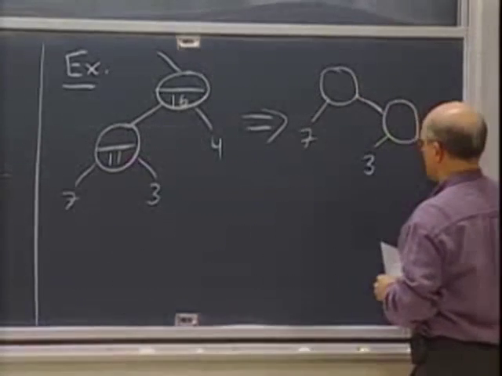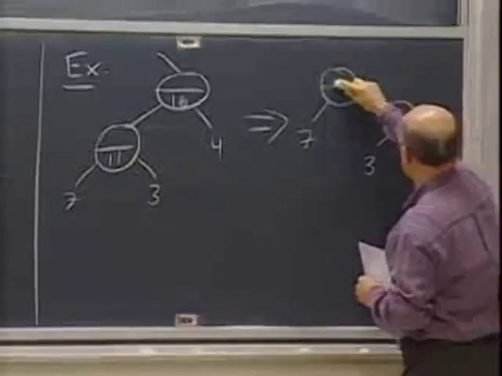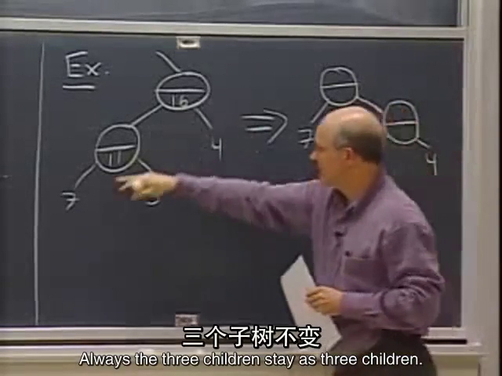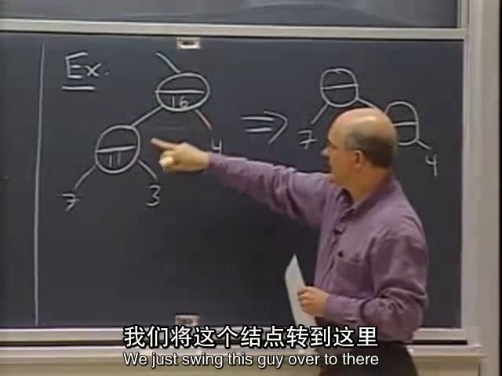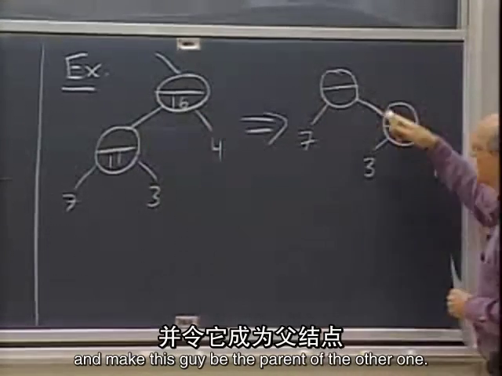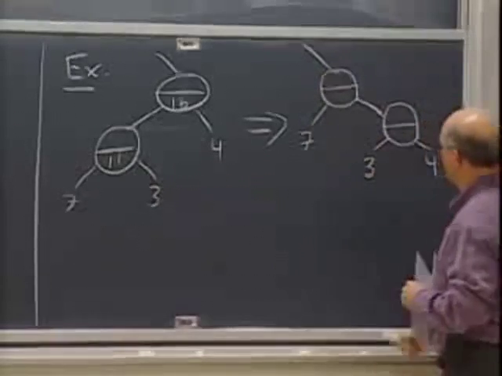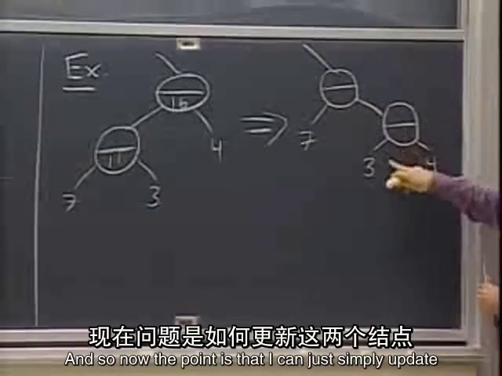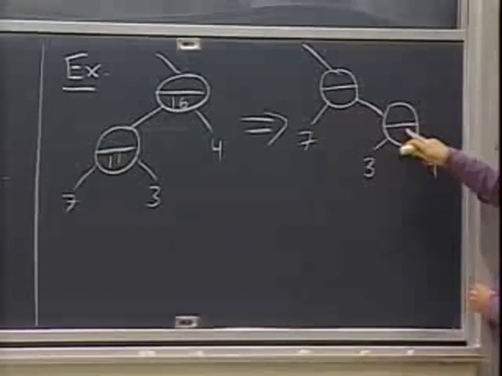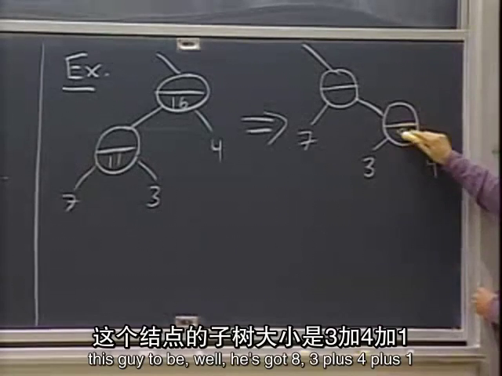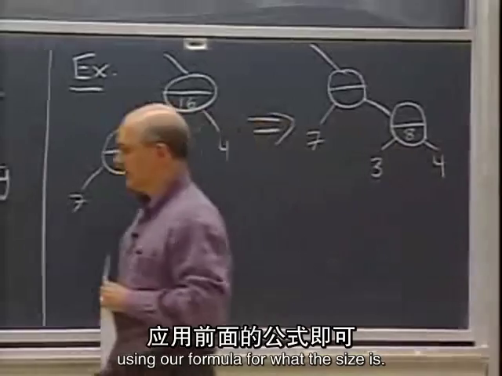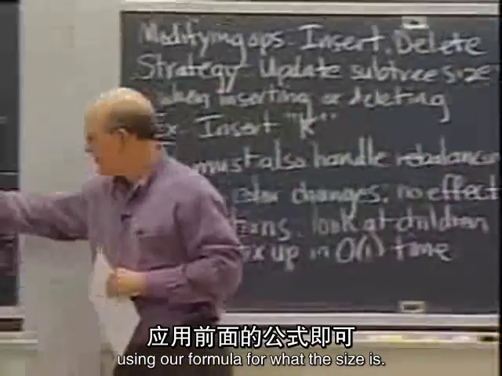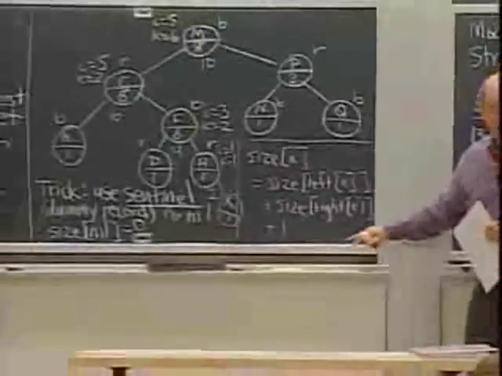So always the 3 children stay as 3 children. We just swing this guy over to there and make this guy be the parent of the other one. And so now I can simply update this guy to be 3 plus 4 plus 1, which is 8, using our formula for what the size is.